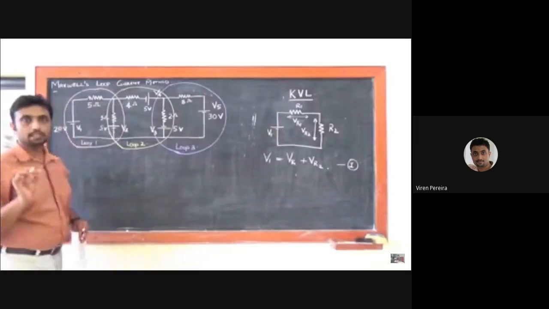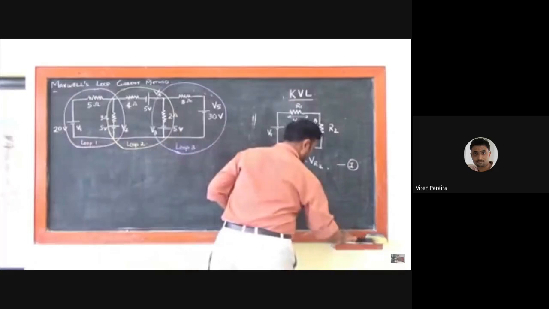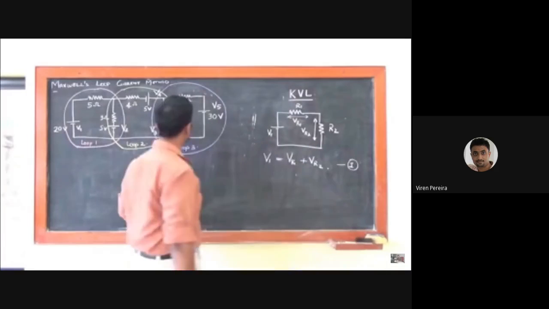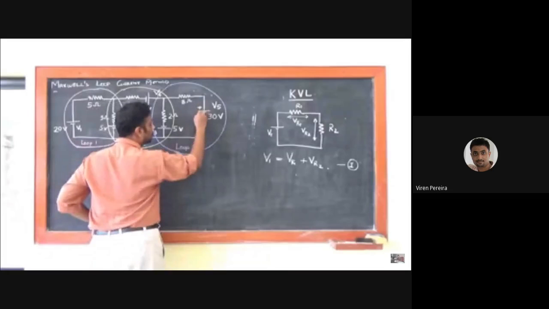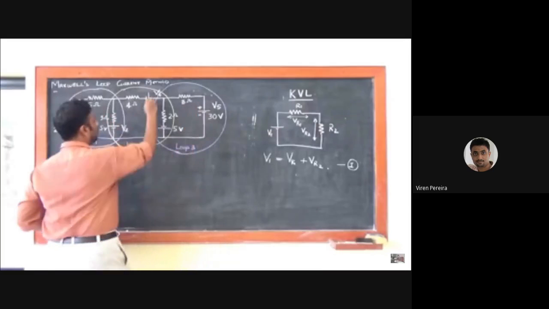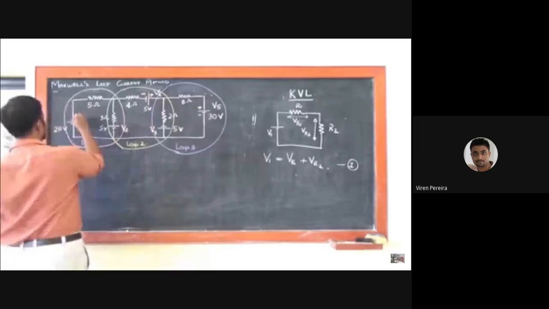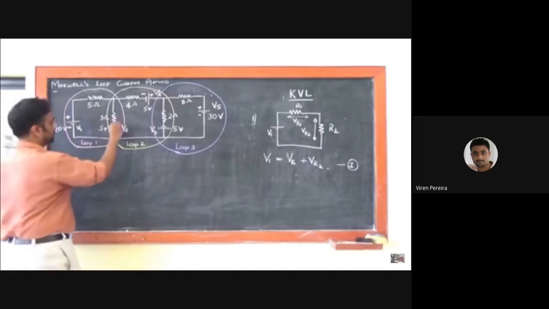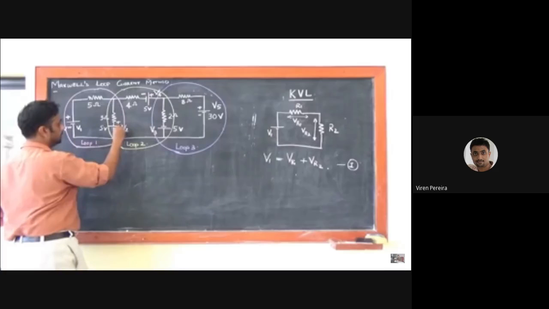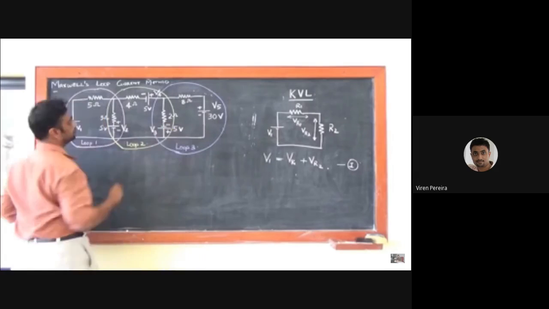Now before we start, the most important criterion is to mark the polarities of your voltage sources. So this is positive, negative, positive, negative, negative, positive.